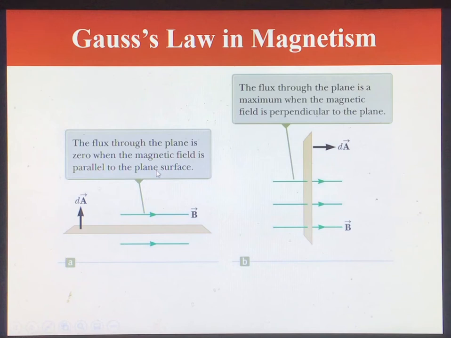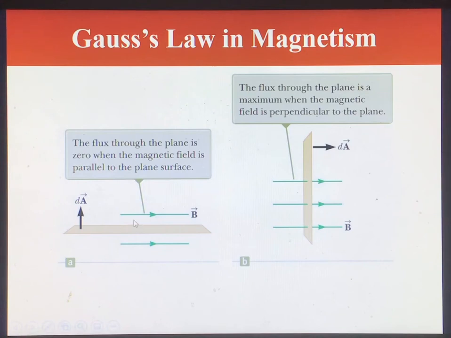So let's illustrate the definition of the magnetic flux. On this very first picture, we have a surface on the xy plane. If my surface is on the xy plane, then the area vector is pointing in the z direction.